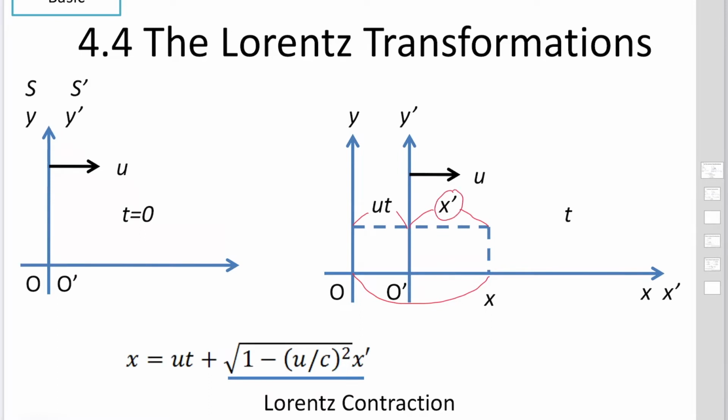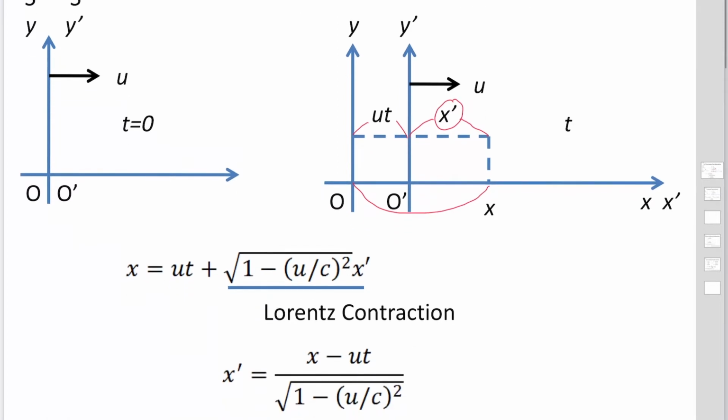But in the case of special relativity, we have to take into account Lorentz contraction. So this length measured by the person in the S prime frame is observed by the person in the S frame, and you have to multiply by the factor square root of 1 minus u over c squared, times x prime.